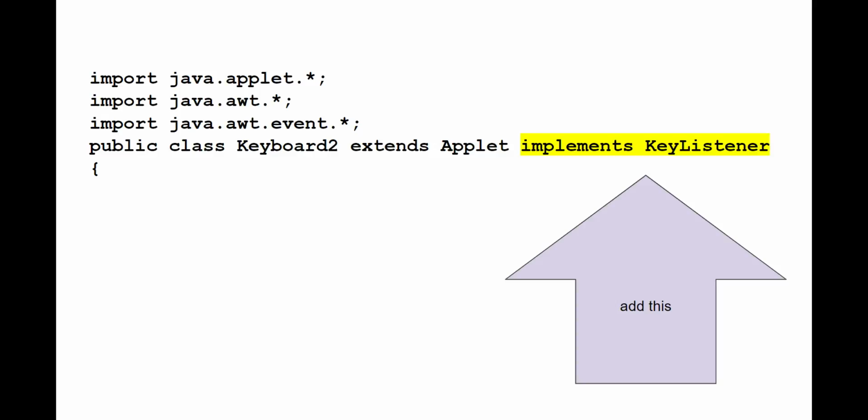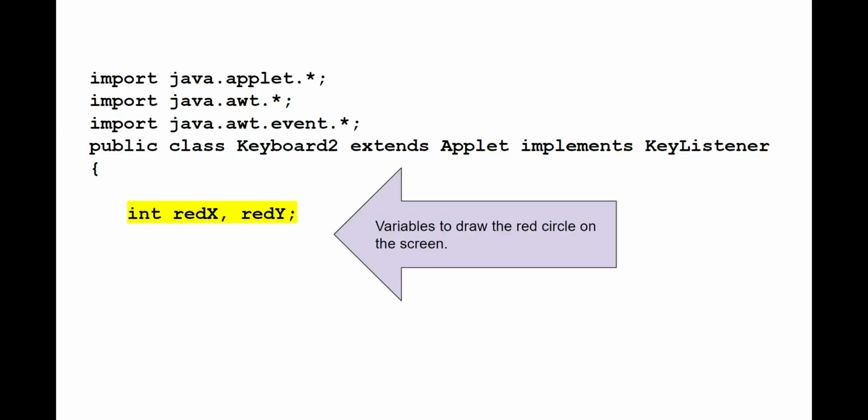The first thing you need to do is add this implements key listener. This piece of code tells Java that you are using the keyboard. I'm going to create two variables, redx and red-y. These two integer variables will be used to paint the image or the shape on my screen.